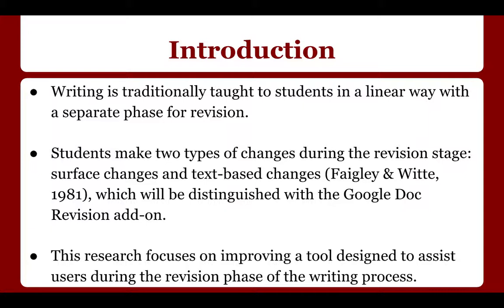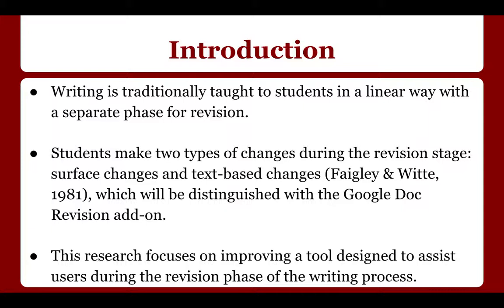After reviewing the research, I've found that students make two types of changes during the revision phase: surface level changes and text-based changes. And this is something that I had also noticed when working with my students. These were the two types of changes that they were making. Surface level changes are changes that students make in terms of editing usually.